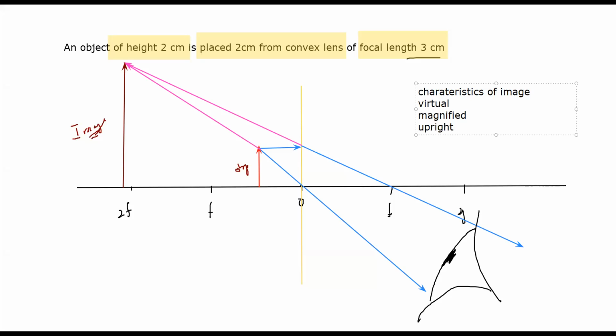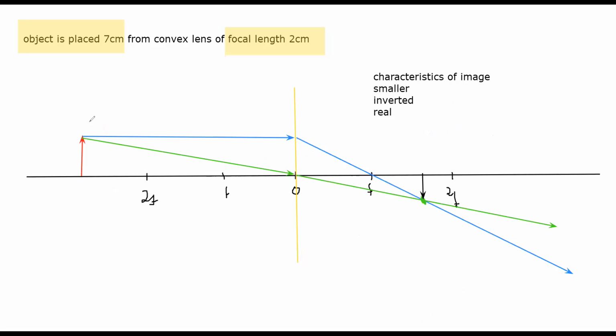In other cases it was inverted, but in this case it's upright. If the head of the object is pointing up, then the image's head is also pointing up, and it is on the same side as the object. But in the other examples, you can see here, when we compare, the object is on one side of a lens and the image is on another side of the lens.